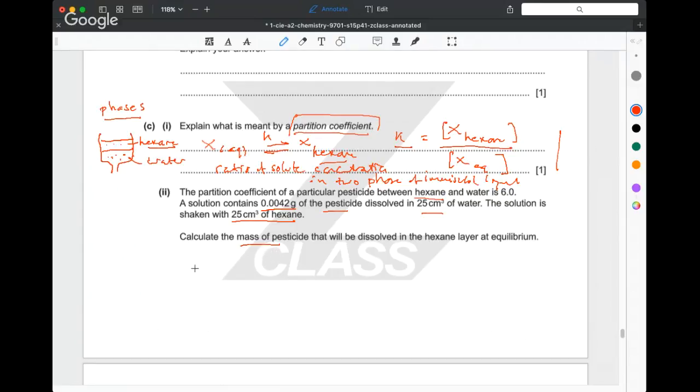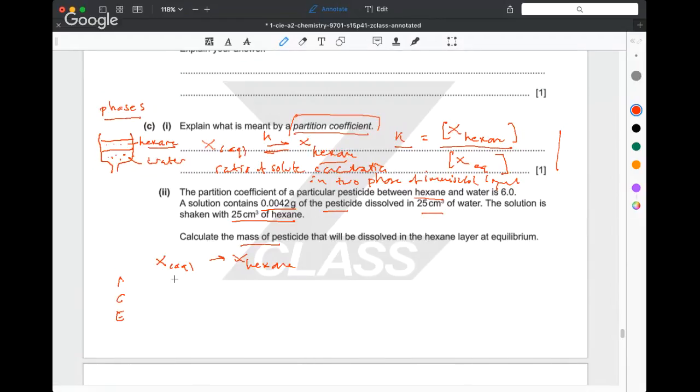So what I did for this was I said that you've got this equilibrium being set up, haven't you? And I've set up a little equilibrium table. If you remember the equilibrium tables, I for initial, C is the change, E is equilibrium.